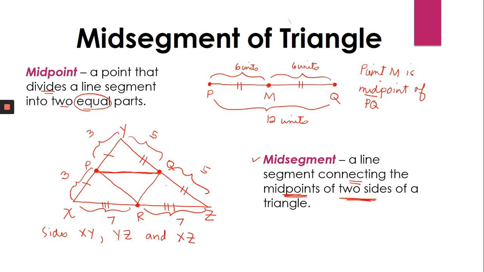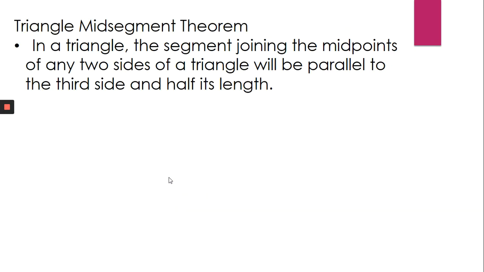Now if this is 3 and 3, what is the whole measure of XY? This is 6, this is 10, and this is 14. So again, when you connect two midpoints of the sides of the triangle, you form a mid-segment. Let us now discuss the triangle mid-segment theorem.